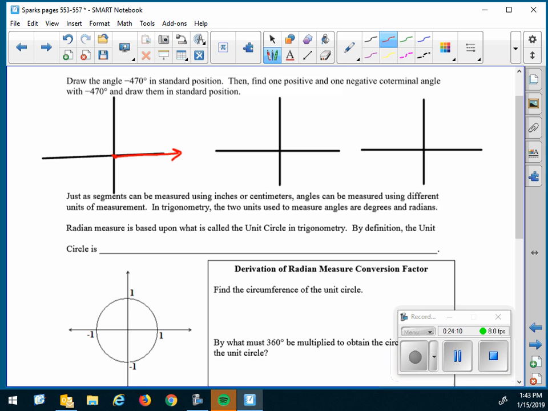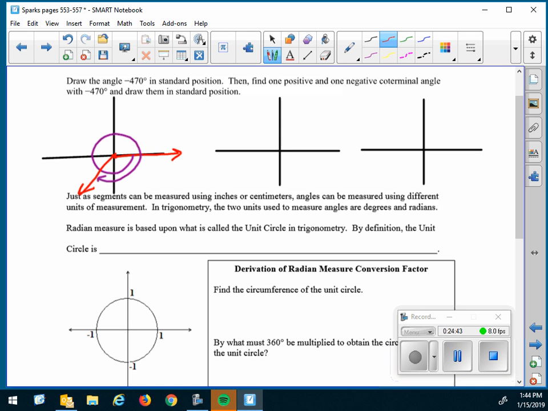It's a negative angle. So negative angles go clockwise. 90, 180, 270, 360, 450, and a little bit. There's the angle. That red angle is the angle.